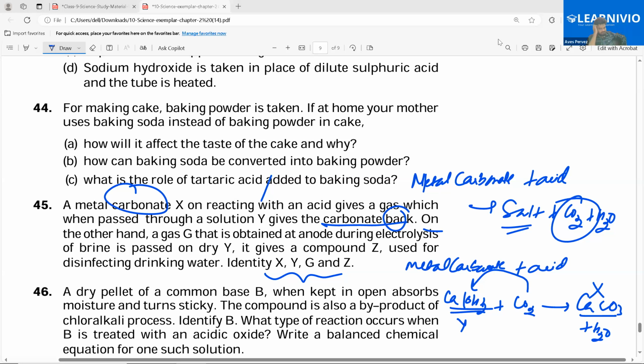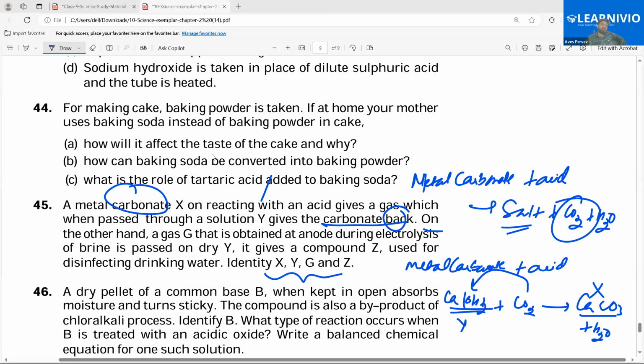I think it's chlorine gas. I'm not sure, but yes. Okay, chlorine gas. Zainab, is it chlorine gas? Yes, sir, it's chlorine gas. Mariam, is it chlorine gas? Yes, sir, it is chlorine gas.